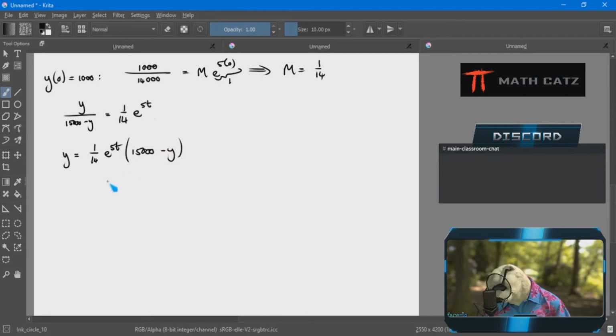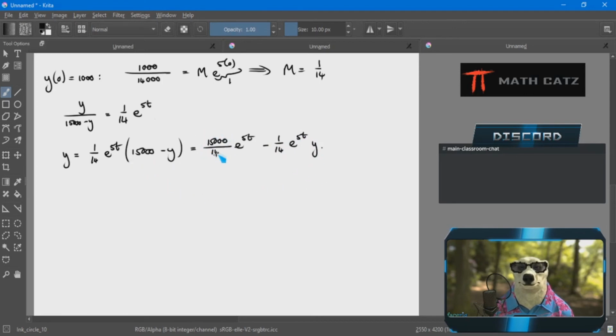But a formula too fast promotes a lack of understanding. So I multiply both sides by 15,000 minus y. Then I can multiply that in. So I have 15,000. I'm going to leave it like this. e to the 5t minus 1 over 14 e to the 5t y.